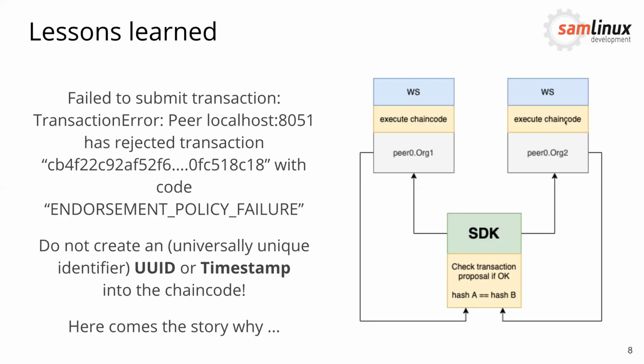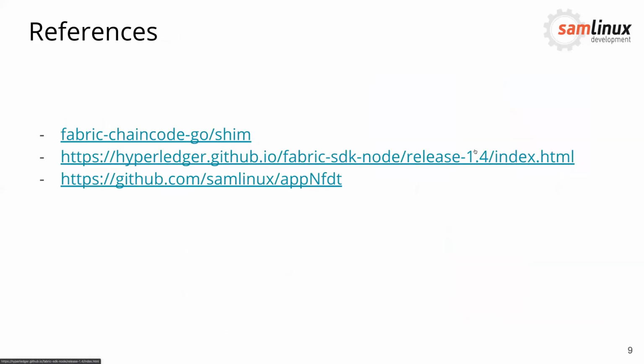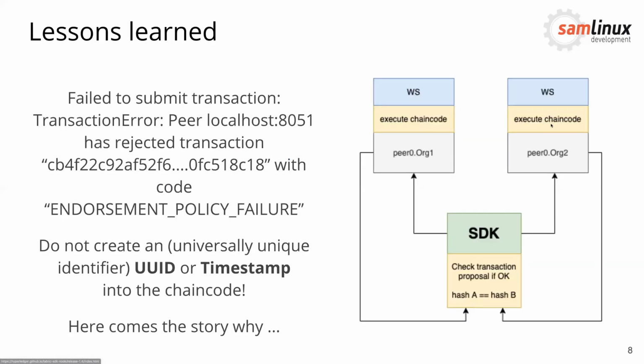The chaincode is the same, and the chaincode does the same, so it created a new unique ID. Then we have a response here as a hash, but these are completely different hashes, and this leads to the endorsement policy failure. It's not that I tampered with the chaincode or something like this.